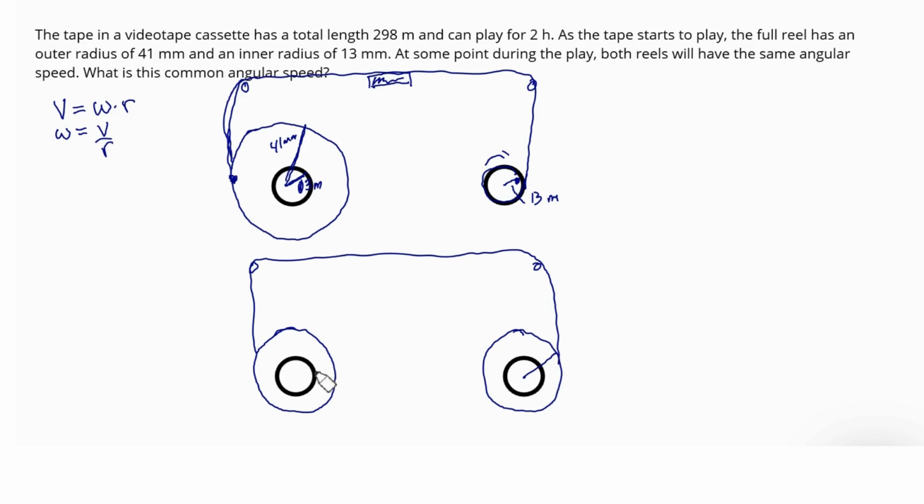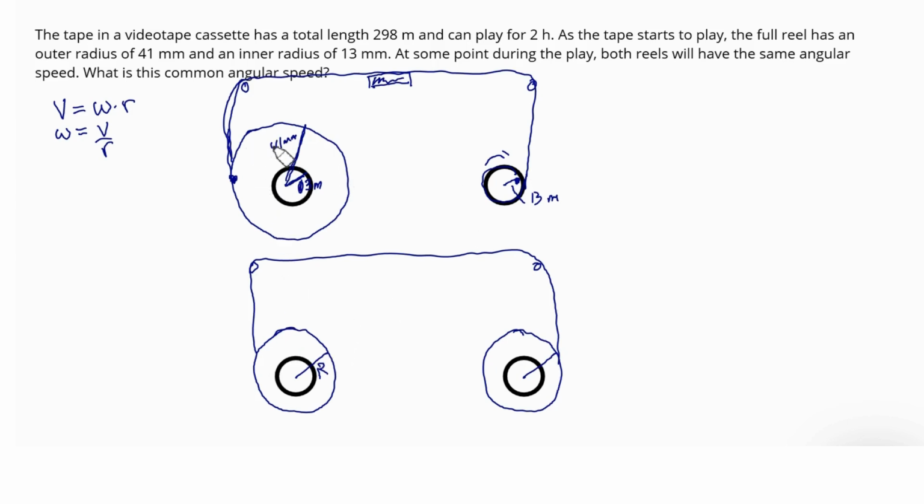They both have the same R. If they have the same R, then by virtue of this, they will have the same omega, the same angular speed. Well, I'm going to call this capital R. And so if I look at this, when does this happen? When these two are equal, how could I relate this together?